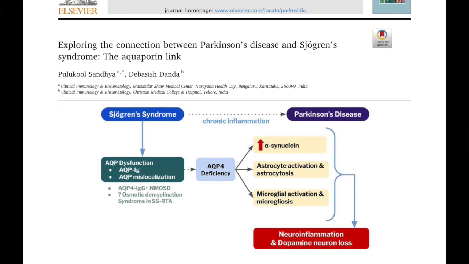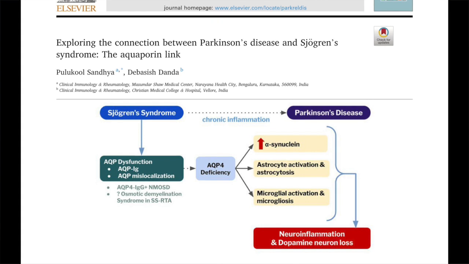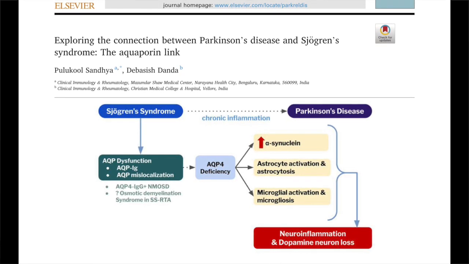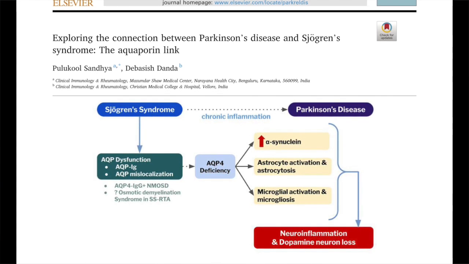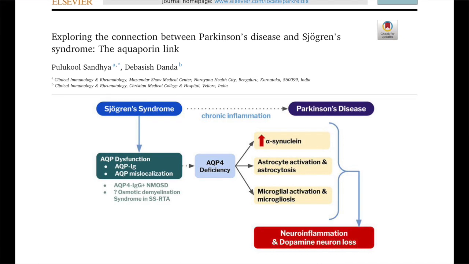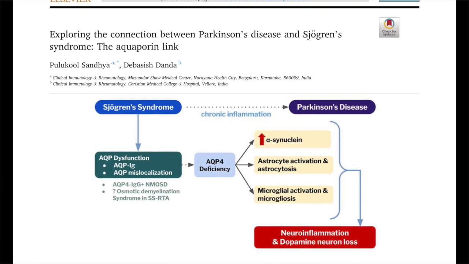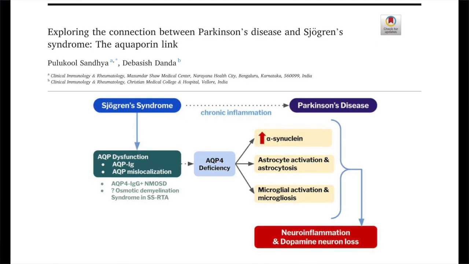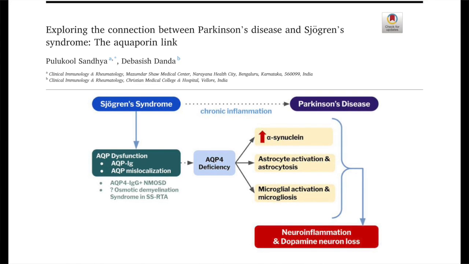And studies from humans, post-mortem studies, have showed a negative association between alpha-synuclein deposits and levels of aquaporin 1 and 4. So at the level of the neocortex, the temporal neocortex in Parkinson's patients. So essentially, there seems to be a common ground between the two disorders, namely a dysfunction of the aquaporin system.